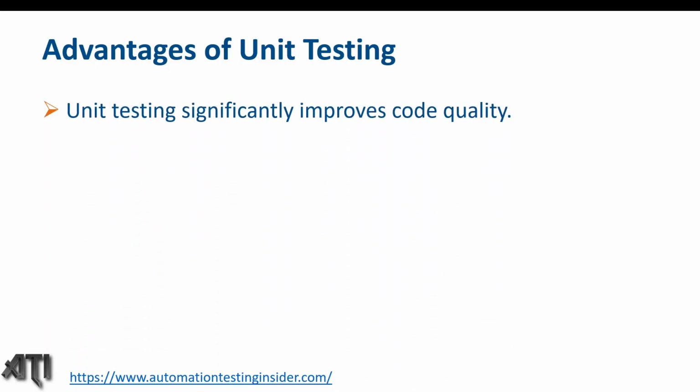So before that, let me give an example of mutation testing as well, guys. Later on we'll discuss the advantages of unit testing. So in mutation testing, whenever we make any changes in the code, we see what the behavior is after making the changes.